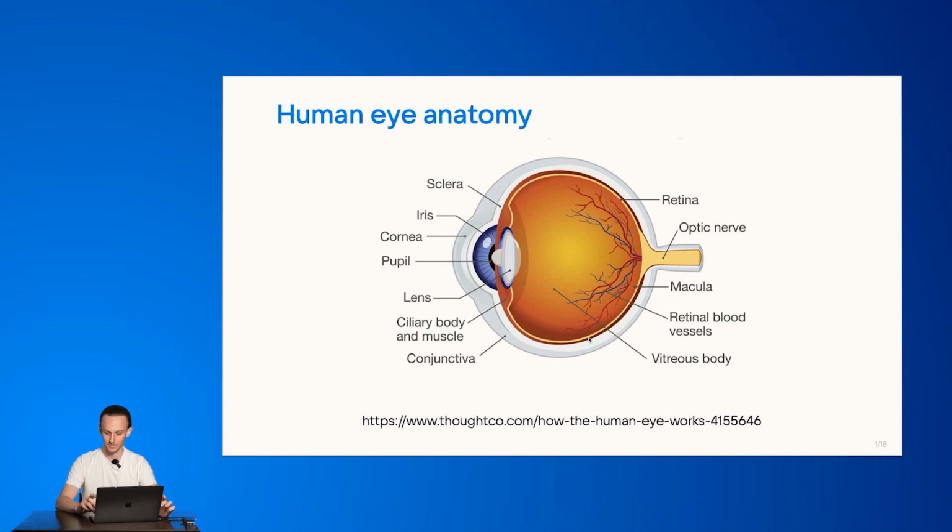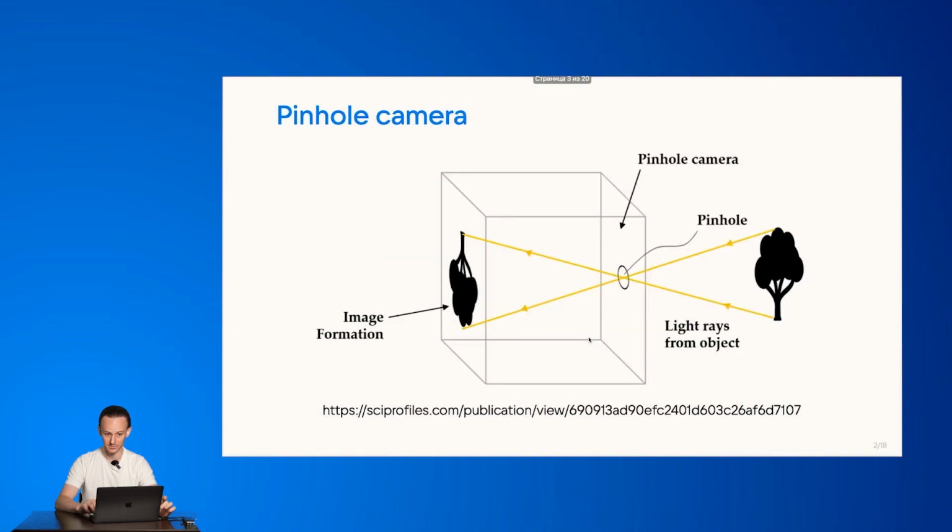The simplest way of recreating this camera is the one that you have probably already heard about. It's the pinhole camera. You can make it with a shoebox or any other box, or with a wall with a small hole in it.